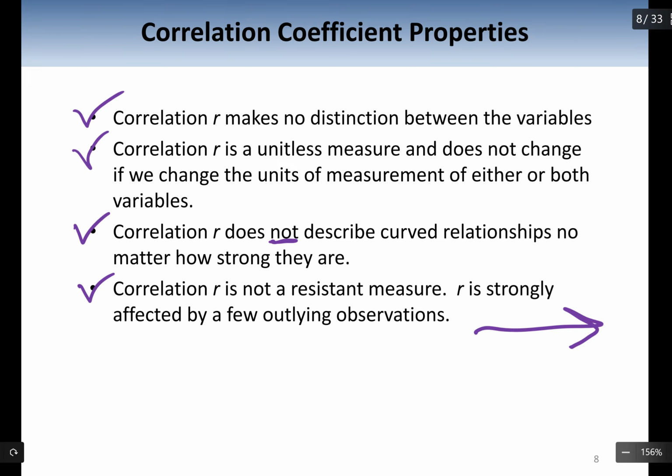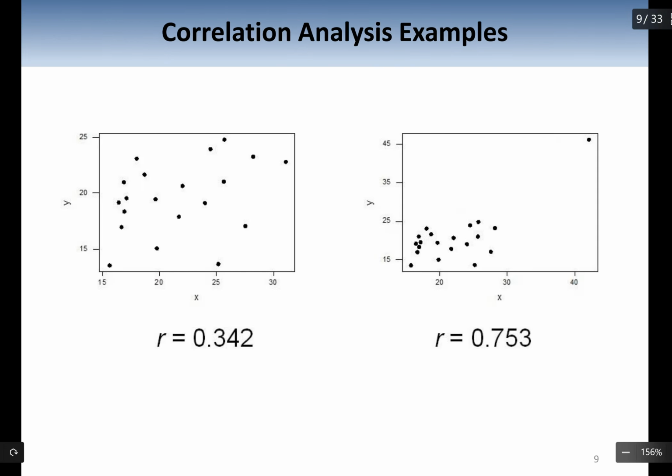So we'll look at an example here. In the first plot, we have r equals 0.342, so it's a weak relationship between x and y. And if we go from this plot to this plot, the only difference is 1 point, and it's definitely an outlier in the x direction, we can see.